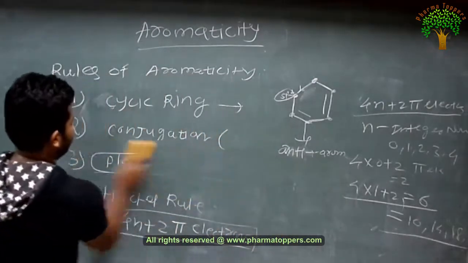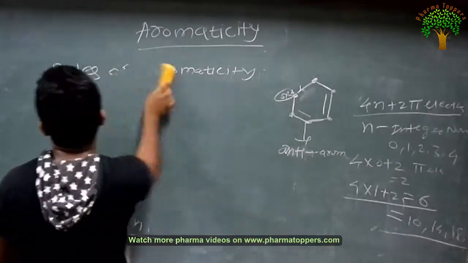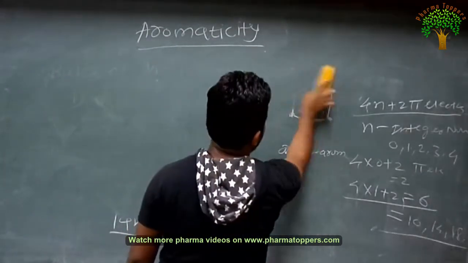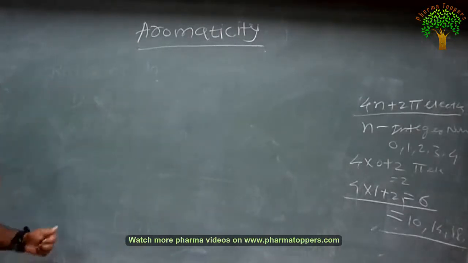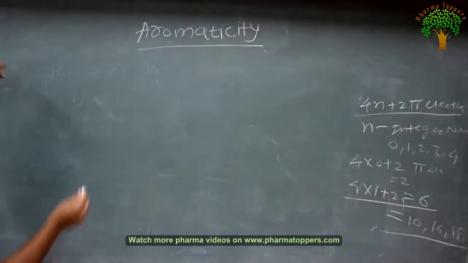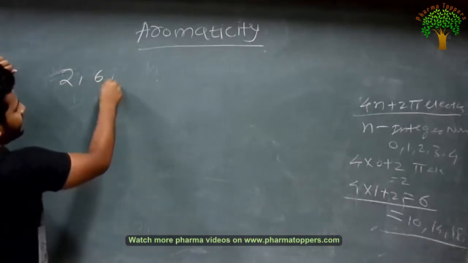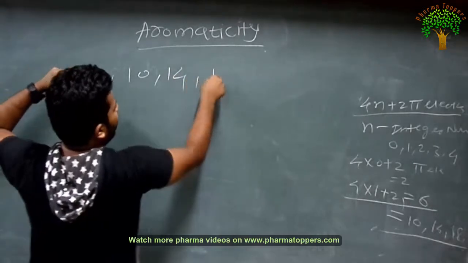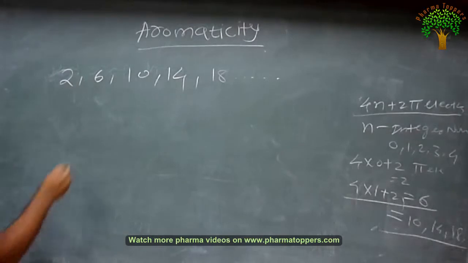See one example. By solving the Huckel rule, we know that those rings contain 2, 6, 10, 14, 18 electrons, and that should be aromatic.